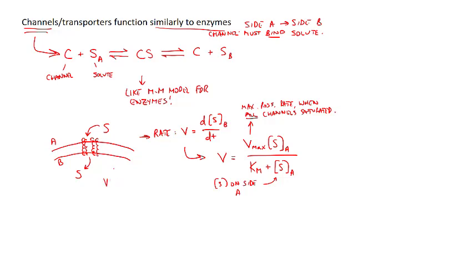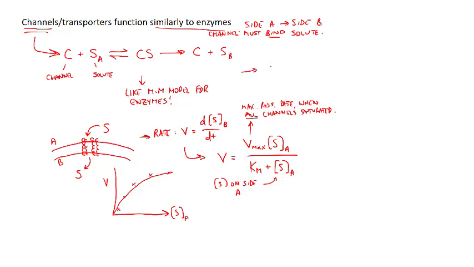And if you were to make a graph of the rate of transit as a function of solute concentration on side A, and we would have to make the assumption that the solute concentration on side B is very low, or that the whole thing is irreversible. But if you make those assumptions, you would find that a graph of the rate of transit would look very much like a Michaelis-Menten graph.